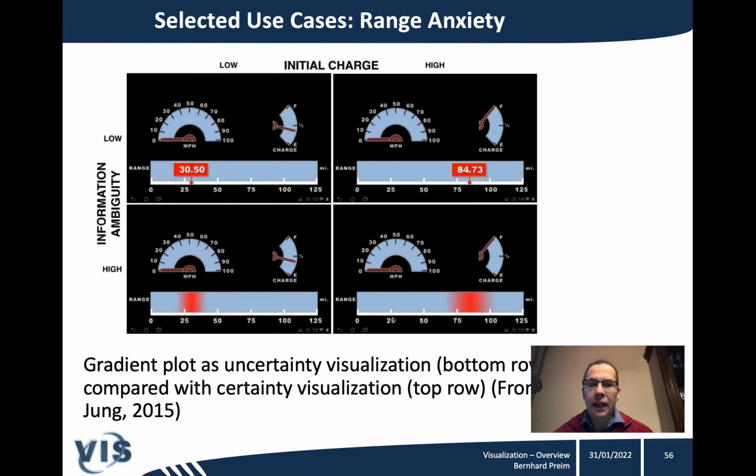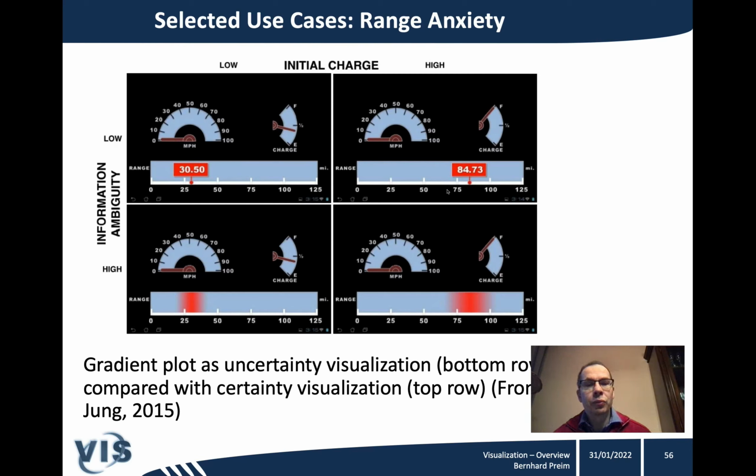A few examples here. Gradient plots, one technique that we have seen in an earlier lecture, where the highest likelihood is that we can, in this example, drive about 30 miles and here 85 miles, but depending on some aspects that are not under full control of the system, it could be that already after 75 or even a bit earlier, we don't have enough battery, but with good luck, it could be that we even achieve 95 or 100 miles.